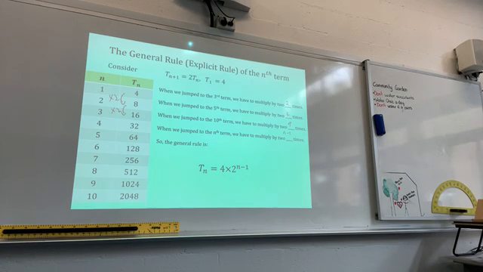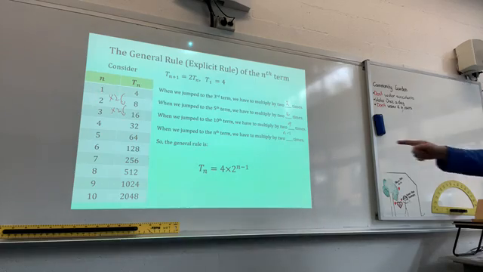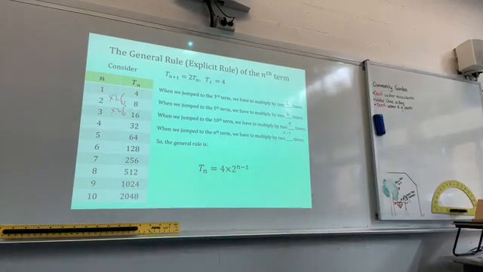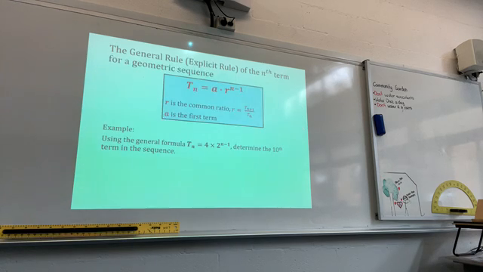When we did exponential, this is what we do. Correct? So, to generalize it, the general rule or the explicit rule of the nth term for a geometric sequence, Tn is therefore equal to A times R to the power of n minus 1.